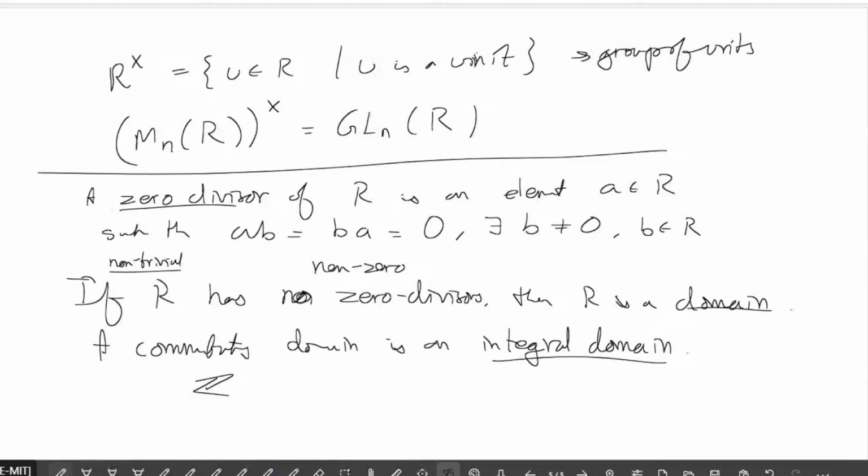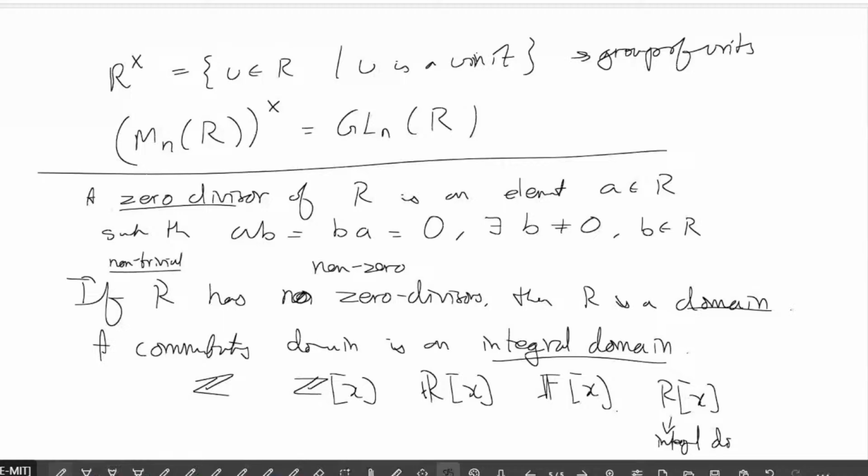Not Z. I want an integral domain that is not a field: Z[X], even R[X], even F[X] for any field F. In fact, more generally, R[X] where R is an integral domain.